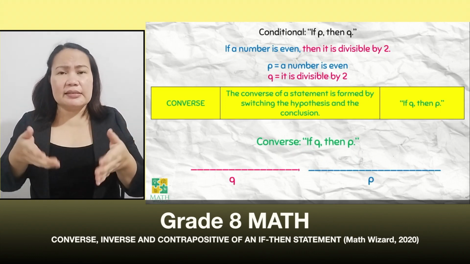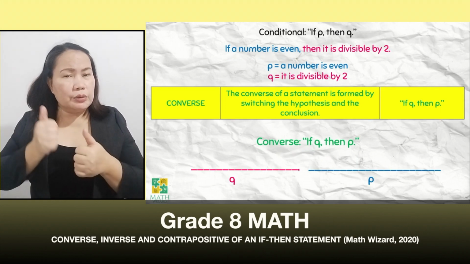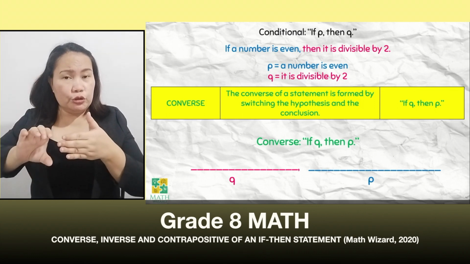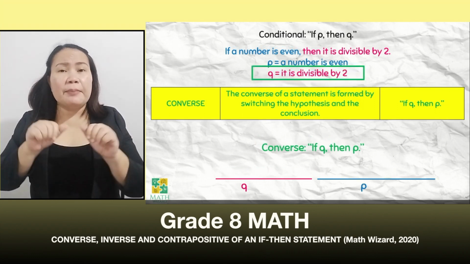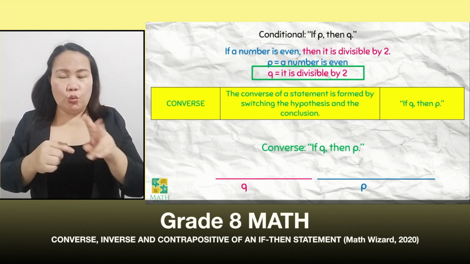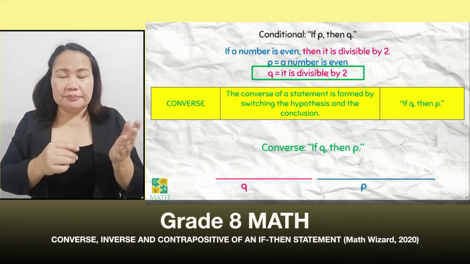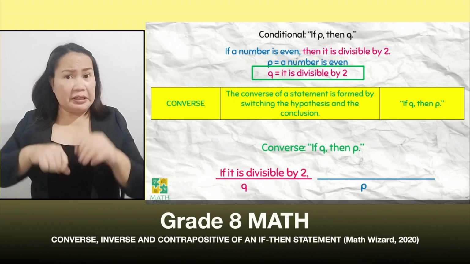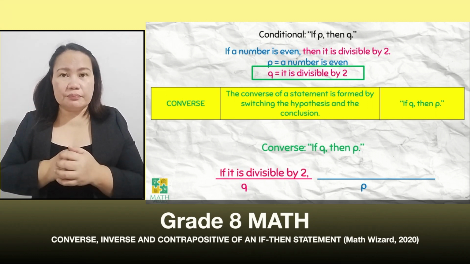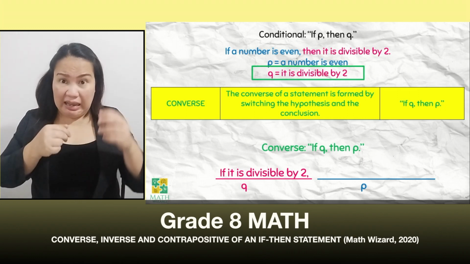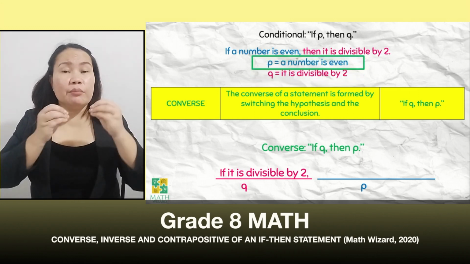Now let's identify kung ano yung conclusion natin or yung value ng letter Q natin. Based sa ating conditional statement, ang ating conclusion ay it is divisible by 2. Therefore, ang magiging statement natin ay if it is divisible by 2, and then identify natin ang ating hypothesis, ang ating hypothesis ay a number is even.